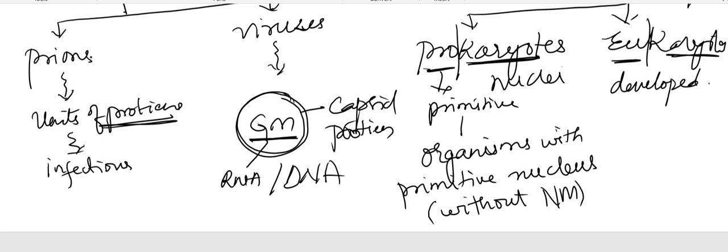Now coming to eukaryotes, the developed nucleus, they are with a true nucleus. That means they have the nuclear membrane, therefore they have a well developed nucleus.